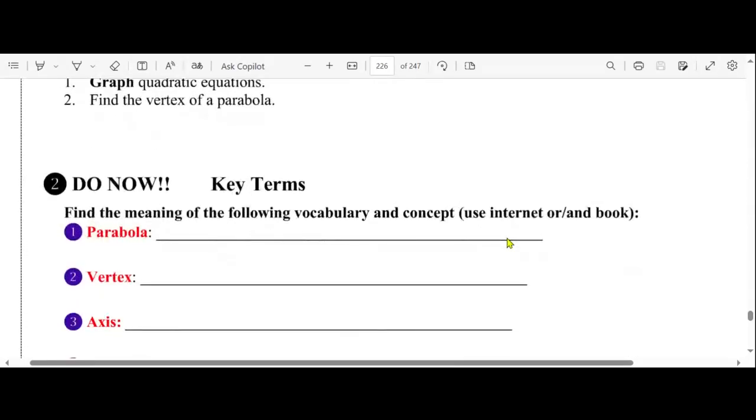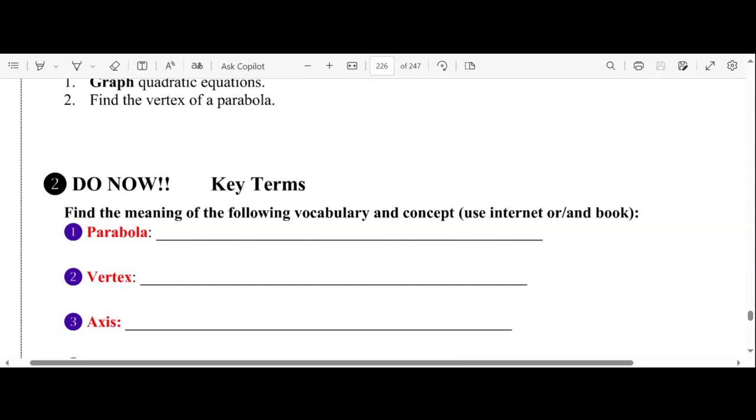So we need to find the meaning of the following words. What is the meaning of parabola? Anyone knows? It's just a curving, correct. That's good.